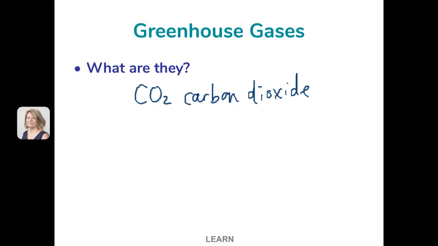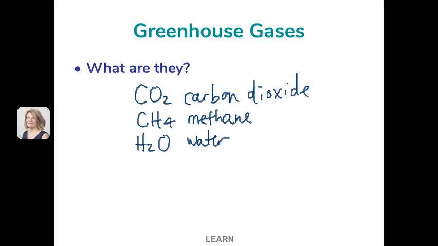Some of the more common ones are methane, CH4, water vapor, H2O, and nitrous oxide, N2O.